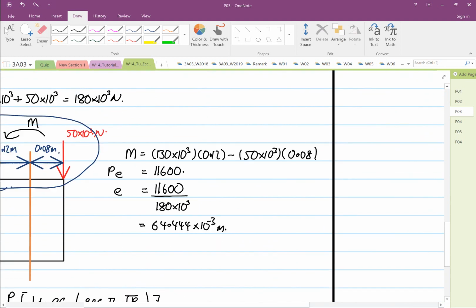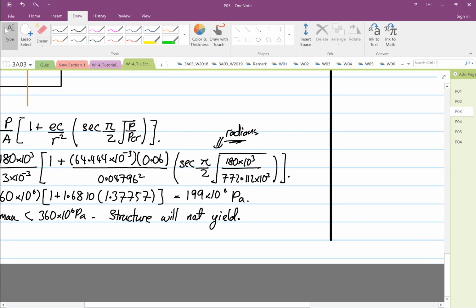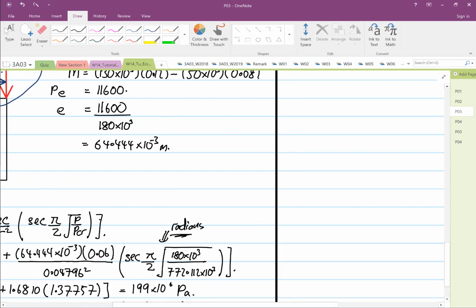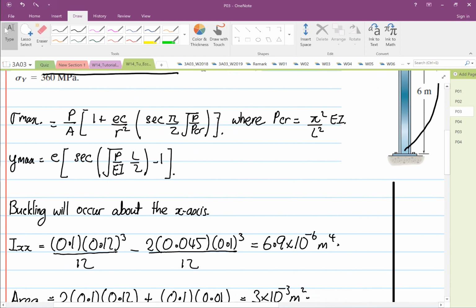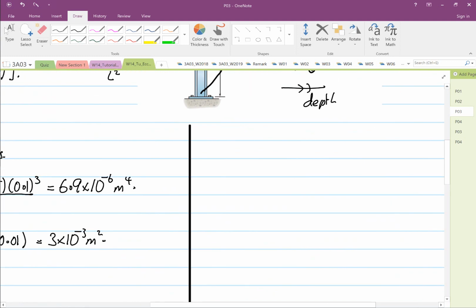Oh, by the way, when we are calculating these terms, you have to make sure it's in radians. Don't put in degrees, especially when you have pi here. If you have it in degrees, oopsie daisy. Then from here we're going to find our Y max.